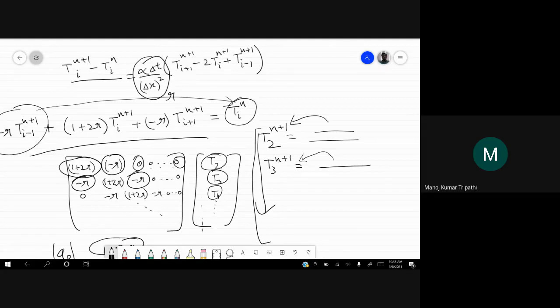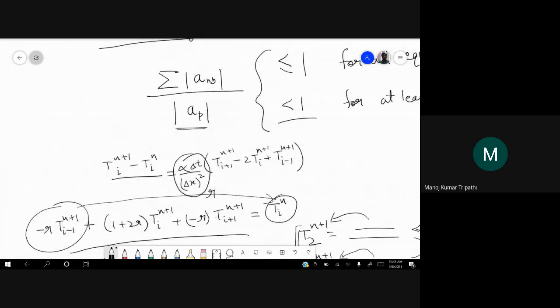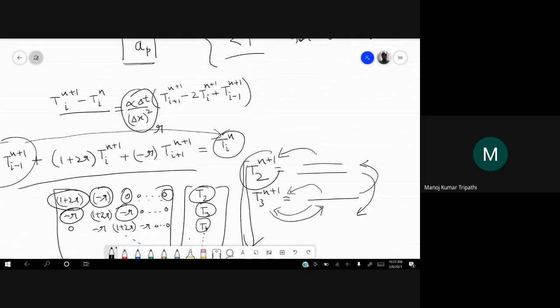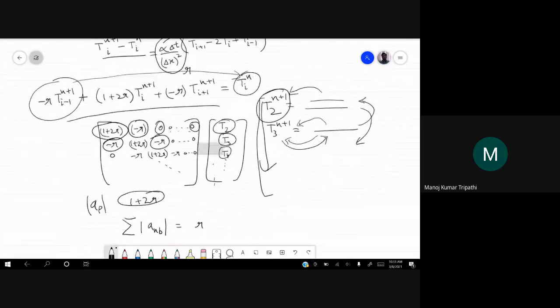But if you change the order somewhere here, then it is not guaranteed. Then you have to again check whether the sum of all the other coefficients divided by the coefficient of the unknown is less than 1 or not. If that is satisfied, only then it is guaranteed that you will attain convergence.